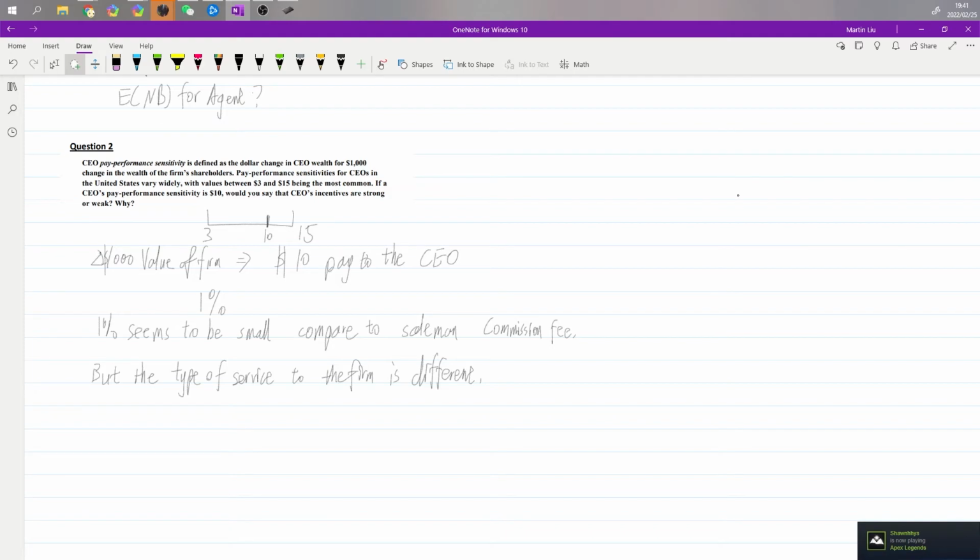For example, if team A is in charge of product A, they only receive commission for product A. Part of how much product A earns will go to the team. But the CEO receives part of the payment from the entire firm. So regardless of which team provides the products, as long as it's under the CEO's direction, the CEO receives that kind of profit for every single product, and those products bring value change to the firm.